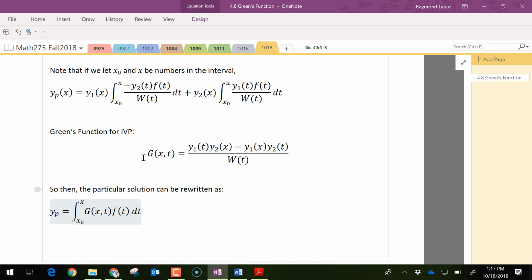If we just use this formula, you're skipping a lot of steps. I suppose we should try it, see if it works.